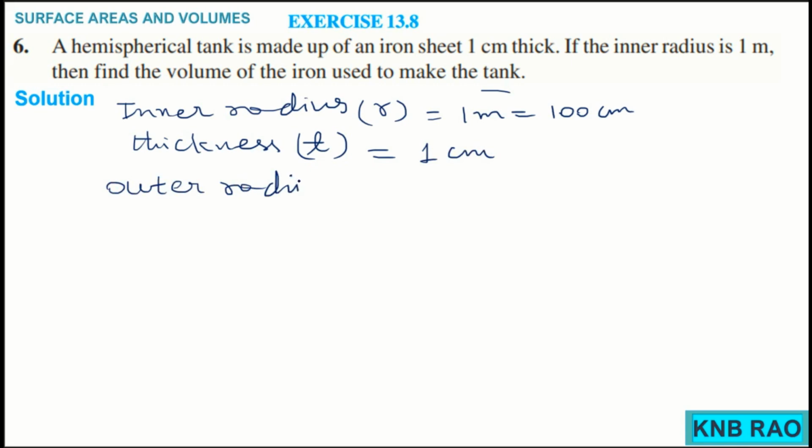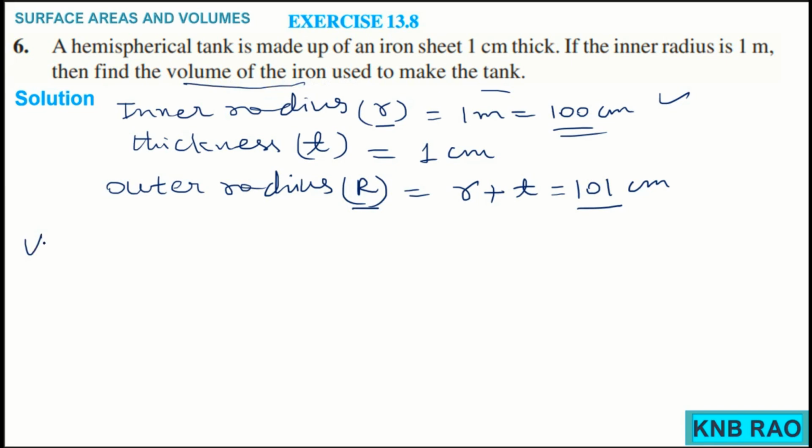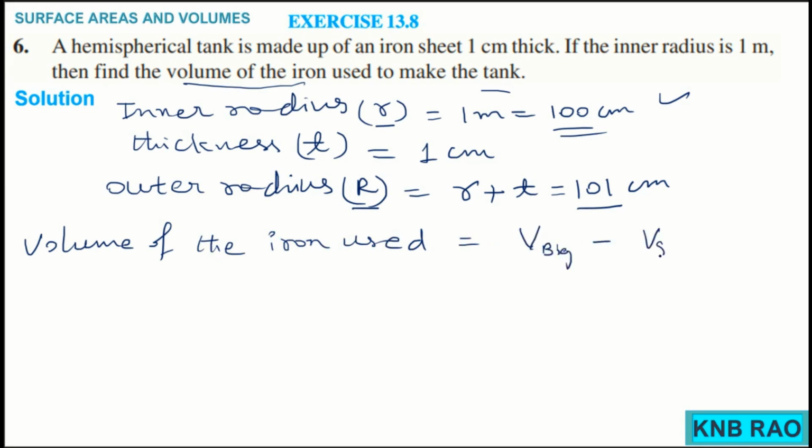So when I know the inner radius and thickness, I can find the outer radius. Let us assume the outer radius is capital R, which is the sum of inner radius and thickness, that is 100 plus 1, which is 101 centimeter. The moment you know inner radius and outer radius, we can find the volume of iron used. It will be the volume of the bigger sphere minus the volume of the smaller sphere.